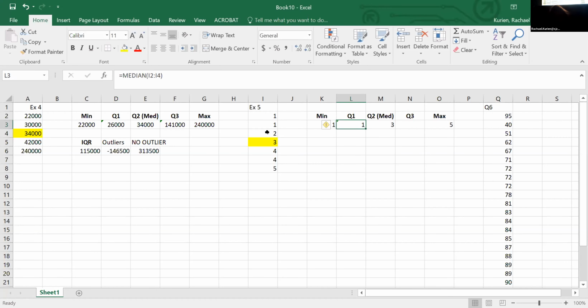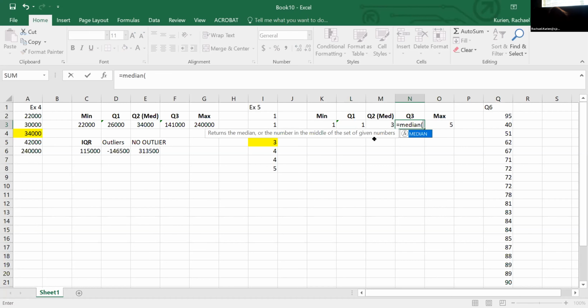So we can see the first quartile is 1. And then the next one, we have the median of the second half. And we see that the quartile is 4.